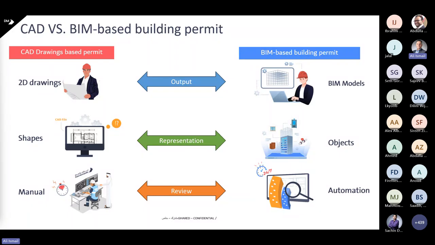So the door will be seen as a door. It has a class or classification, IFC door. The wall will be a wall, IFC wall. A slab will be a slab.